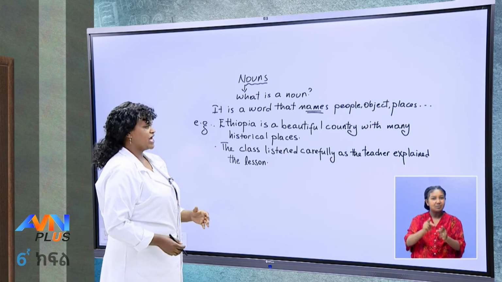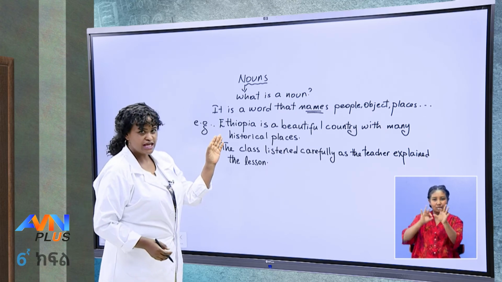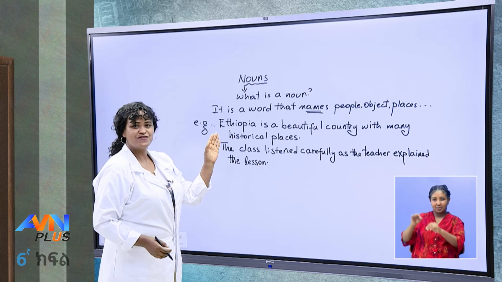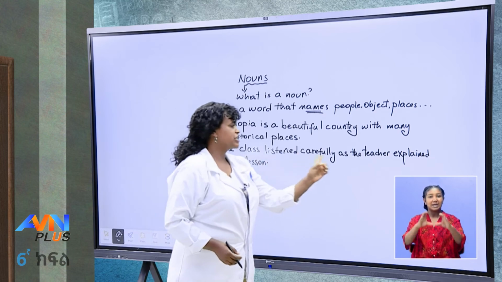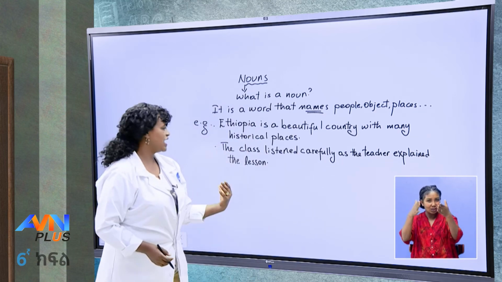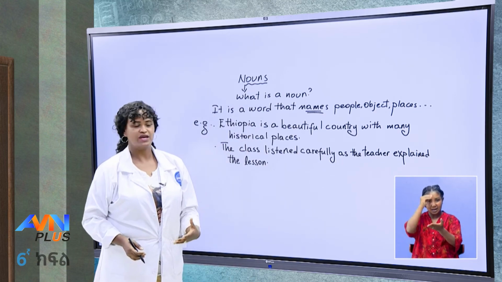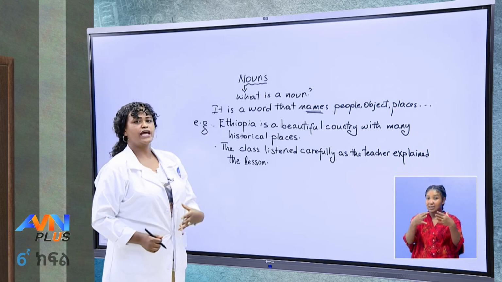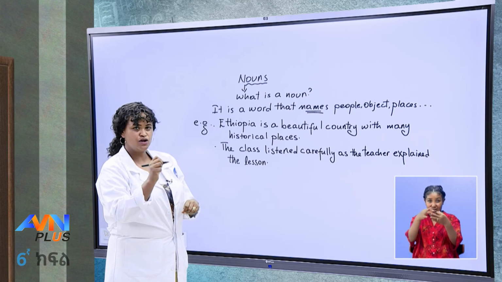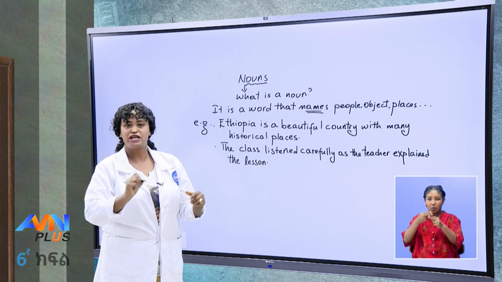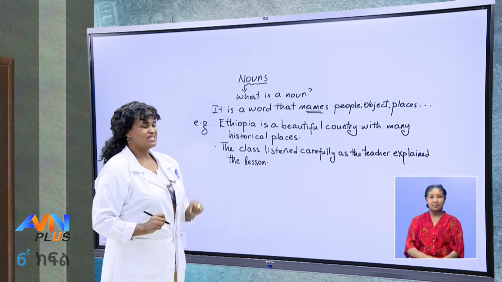Can you identify the names in this sentence? That's your first activity. The second one. The class listened carefully as the teacher explained the lesson. Even here in the second one. Can you just write the sentences and underline the words which you believe are nouns, okay? Yeah, 1 minute is enough.